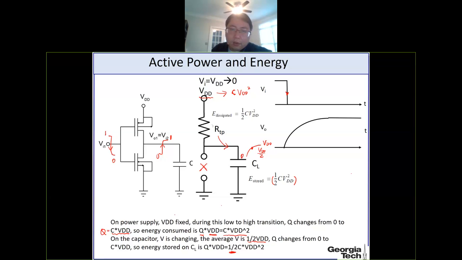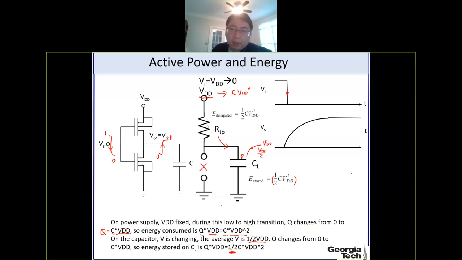During this charging process, the power supply is going to provide C VDD squared energy, but only half of the energy is stored on this capacitor, and the other half of this energy is consumed in this resistor as heat, because you have current flow and Joule heating.